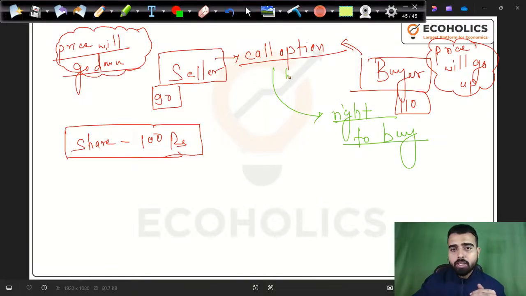Now the call option is at rupees 100. ठीक है. Now this buyer has bought the right कि भैया in future if the price goes up, I will buy. Now this buyer has a right to buy and this seller has an obligation to sell. ठीक है. Now this is an obligation. He is obliged.